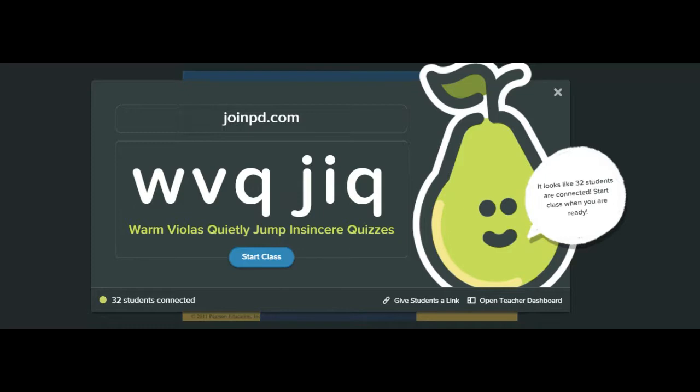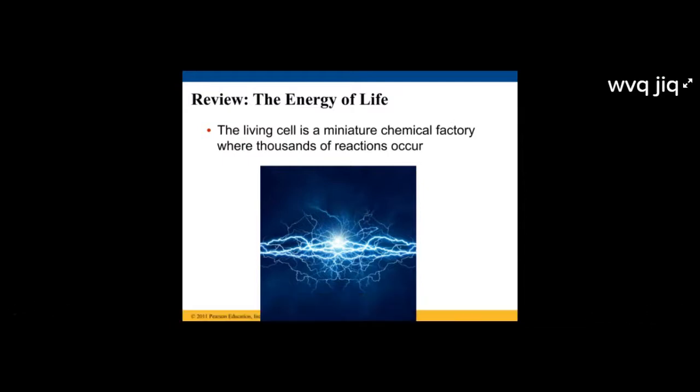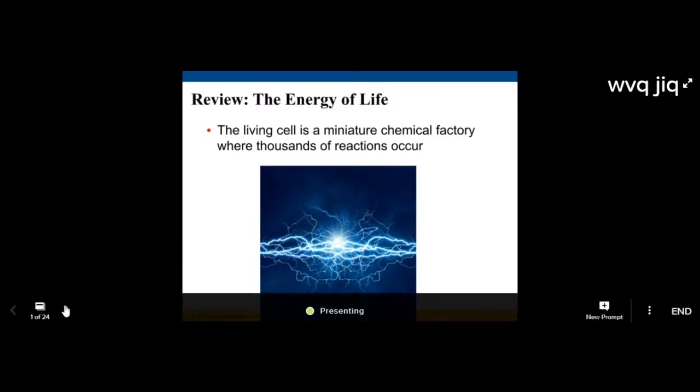Okay, so let's get back to business here. Let's start talking about the energy of life. Review: the living cell is a miniature chemical factory where thousands of reactions occur. You already know that.